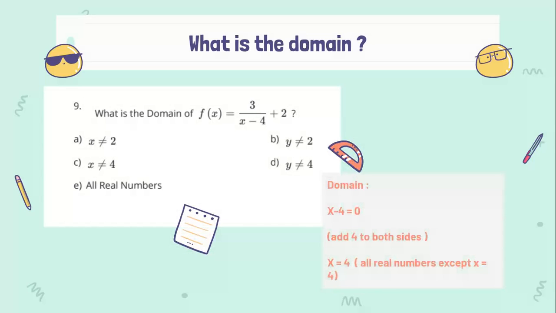For the domain, x minus 4 equals 0. We set the denominator equal to 0 to find the solution. I added 4 to both sides and the answer is x equals 4. So the domain is all real numbers except x equals 4. So the answer choice is C, which is x equals 4.